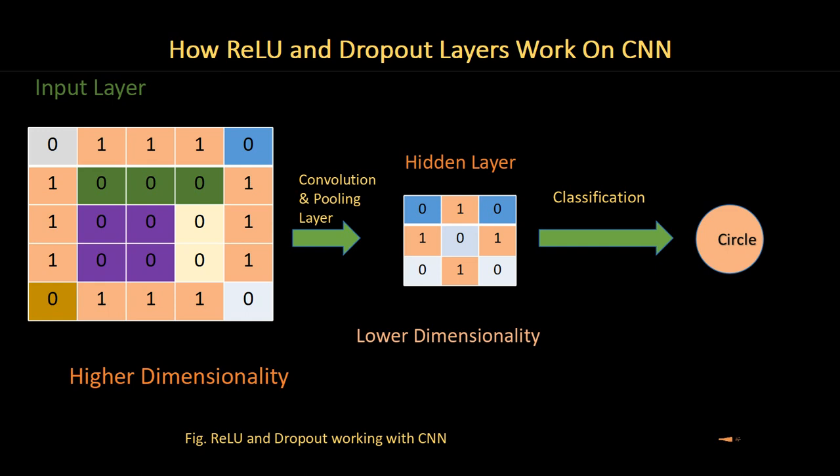So I hope you understand. It is downsampling and then classification, then we get the circle. After studying this, I'm not saying it is easy, it is very complicated. But the thing is how we can make the complex thing easier.